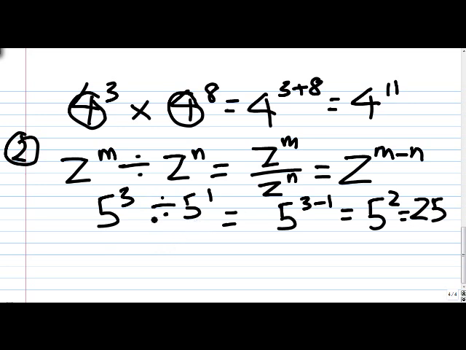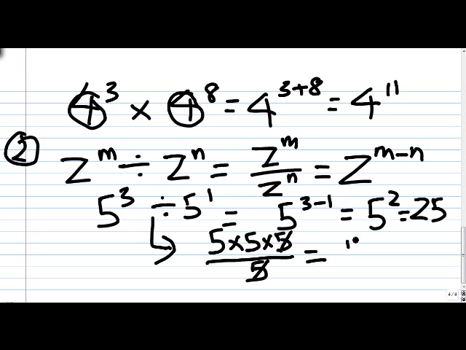Now let me do it another way so that you might understand. 5 to the power 3 can be written as 5 times 5 times 5 over 5. According to the laws of algebra, you can cancel one of them out because they are similar factors, and then you get 5 times 5, which equals 25.